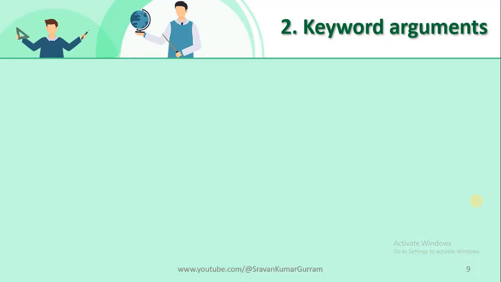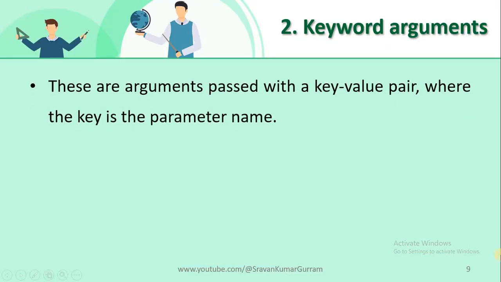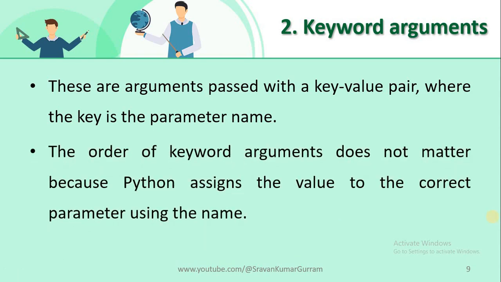Second category is keyword arguments. These are the arguments passed with a key value pair, where the key is the parameter name. The order of the keyword arguments doesn't matter because Python assigns the value to the correct parameter using the name.